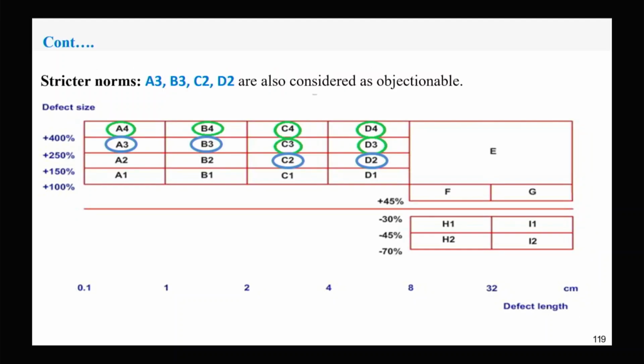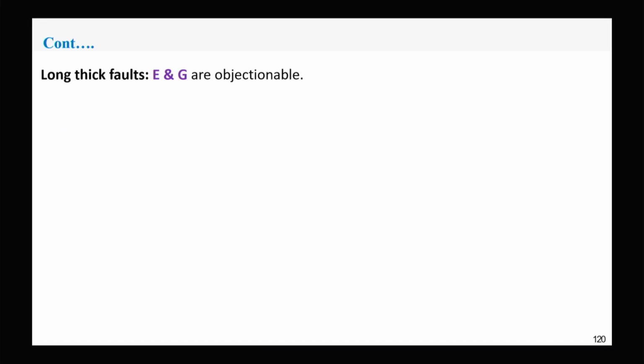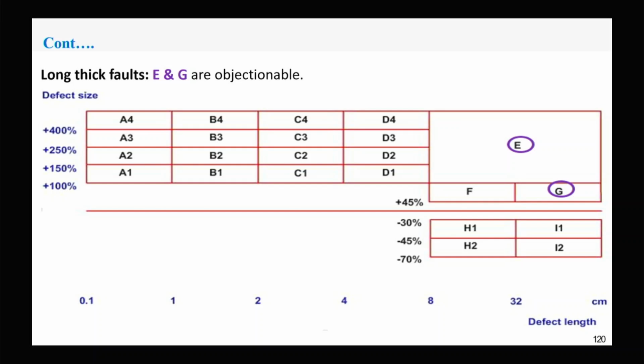Similarly, there are stricter norms. In the stricter norms, if we want very clean yarn, A3, B3, C2, D2 can also be removed. Long thick faults, E and G, can also be removed.